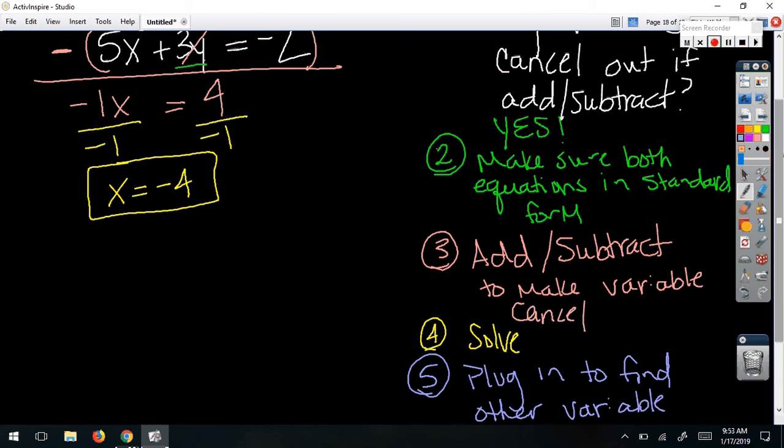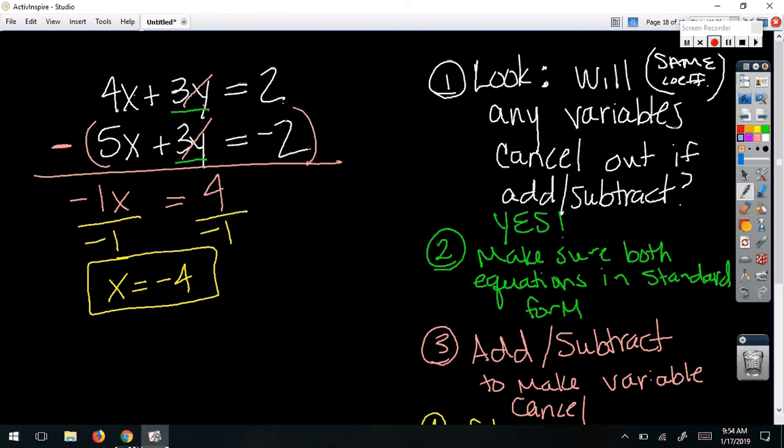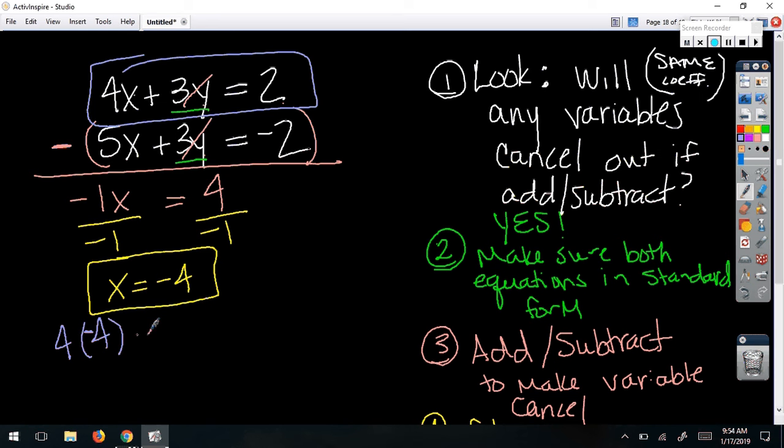All right, so if I've got x equals -4, which one do you want to plug into? The top one? All right, we're going to plug in this one. So 4 times -4 plus 3y equals 2. -16 plus 3y equals 2, right?